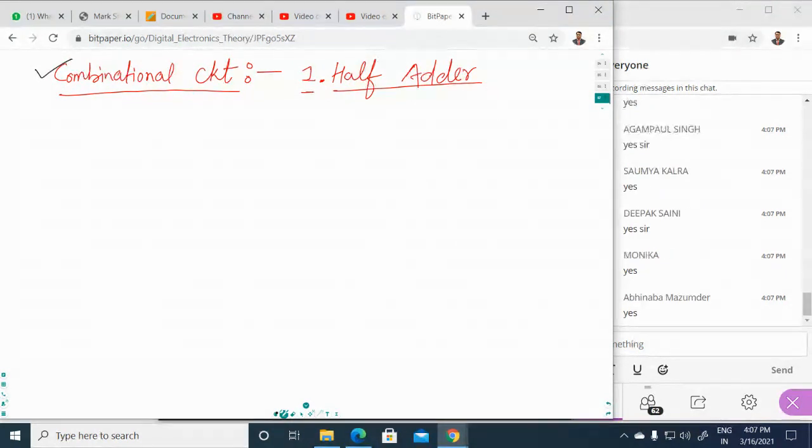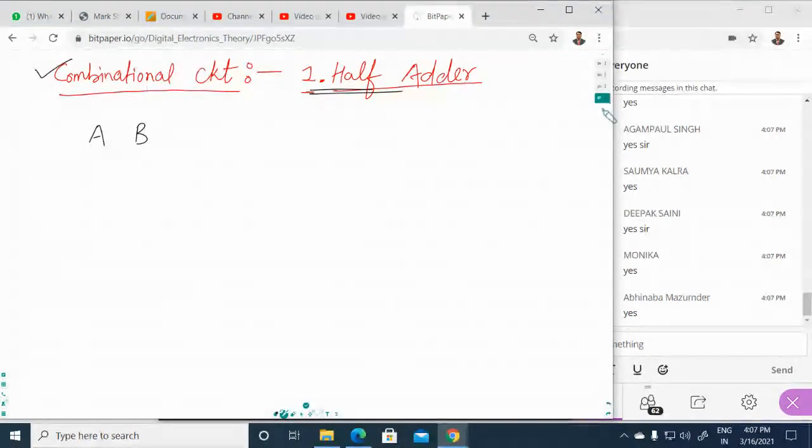Okay. So first of all, to design this half adder, you have to draw the truth table. To design a half adder, you need two inputs. When you want to add two values, what are the two values?